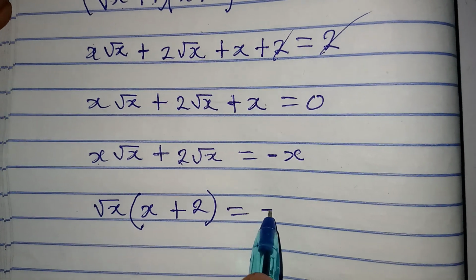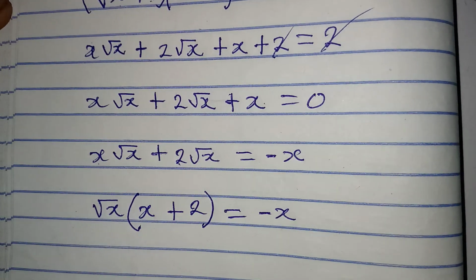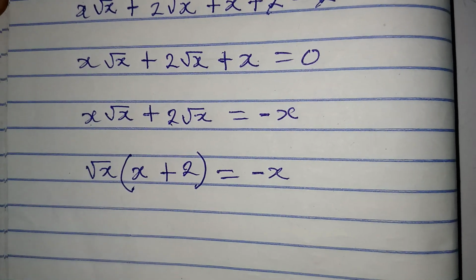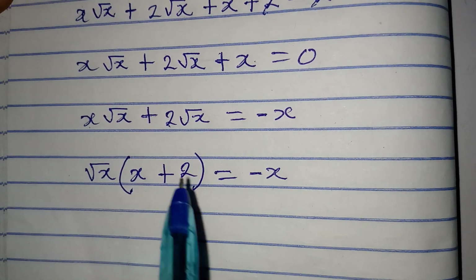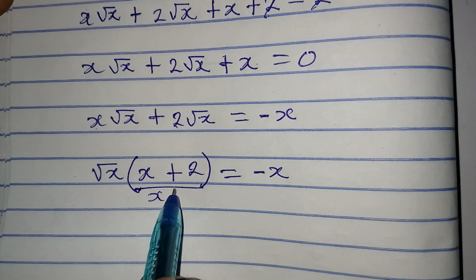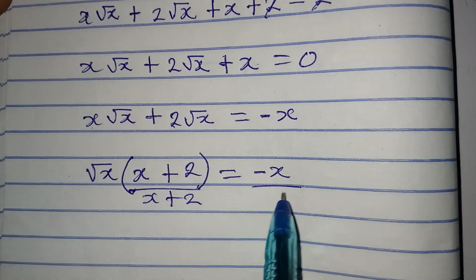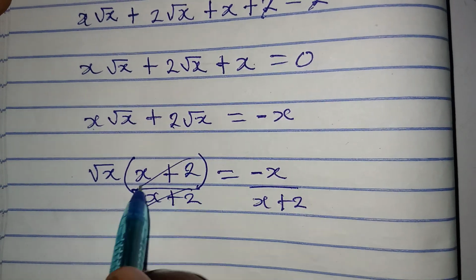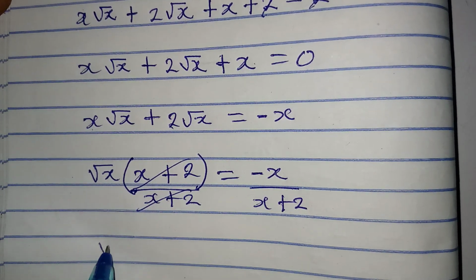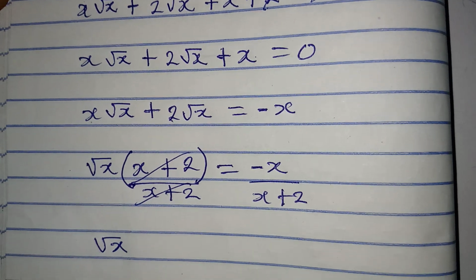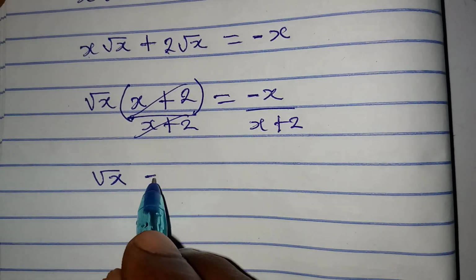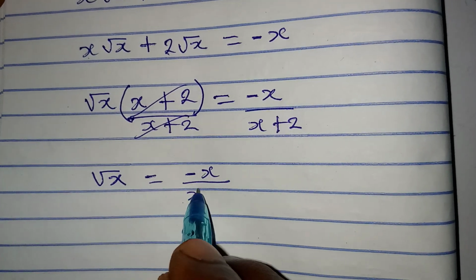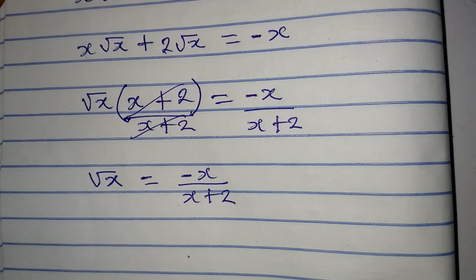This is equal to minus x. The next thing I'm going to do is to divide both sides by x plus 2. The whole of this will cancel this, and then root x is equal to negative x over x plus 2.